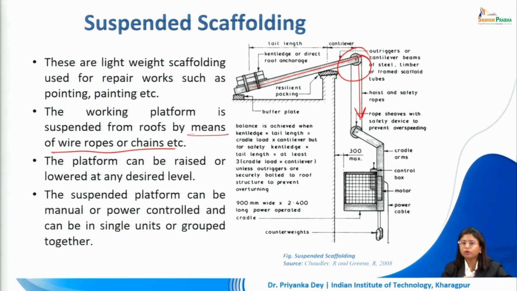Now this platform can be raised or lowered with the help of this arrangement, as one can see here, and the suspended platform can be moved with the help of power controlled devices, or it can also be manual. So if we are dealing with a traditional form of suspended scaffolding, we can simply use pulleys and manually shift the position, or we can also go for a mechanized format in which with the help of a motor we are controlling the height.